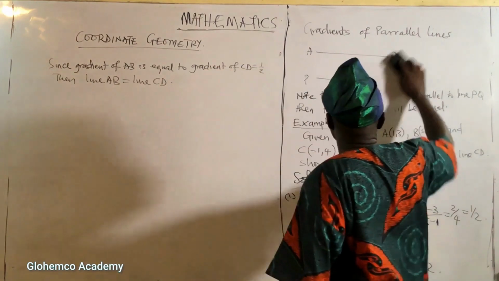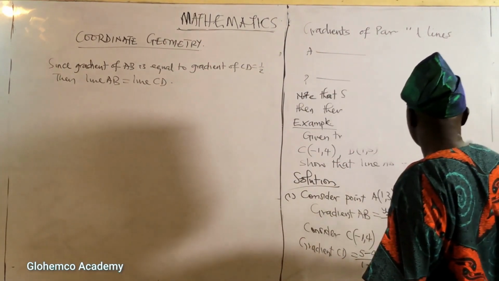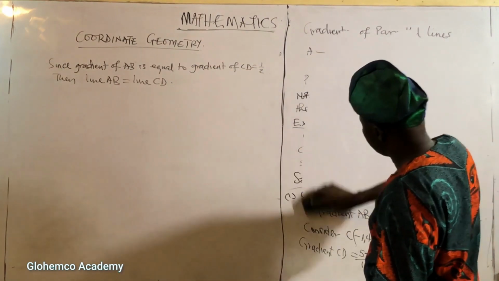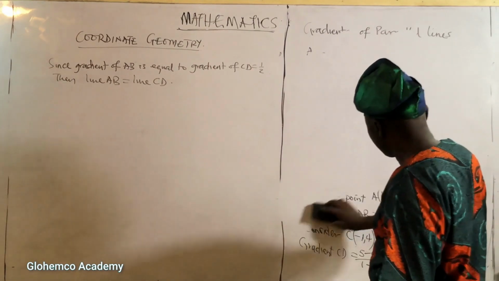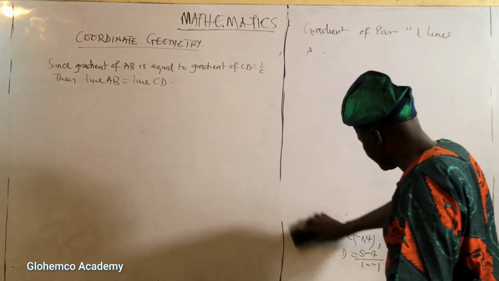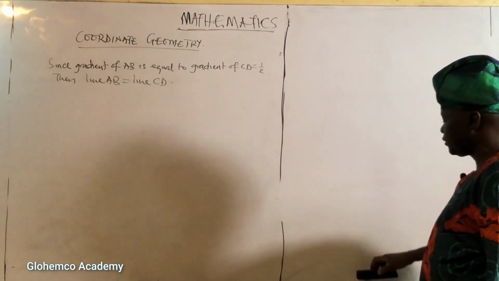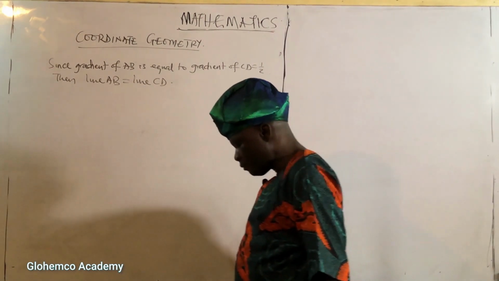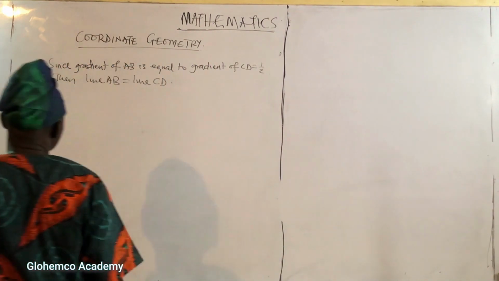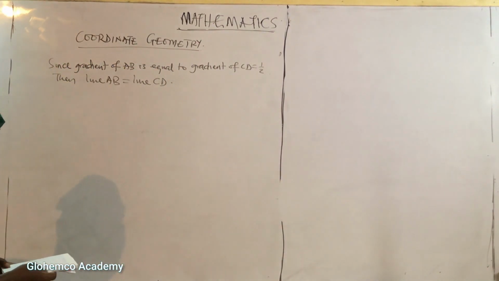That is the reason we state that if a particular line's gradient is equal to the other line's gradient, then the two lines are parallel.